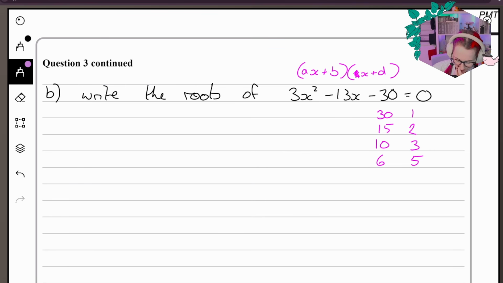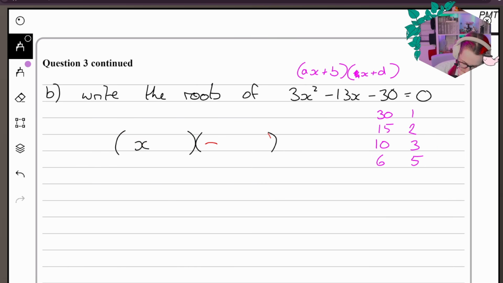So I like the look of 6 and 5. I think those are probably going to be good. So we're looking for x, 5, and x, 6. So what have we got left? So we've got a and c. So it might be the other way around. It might be that a is 1 and c is something.